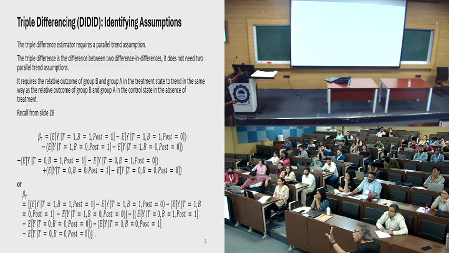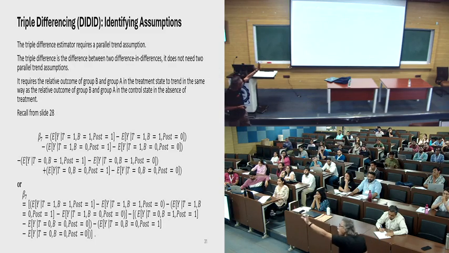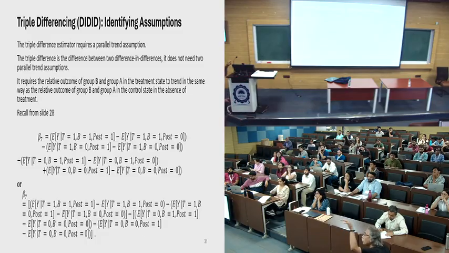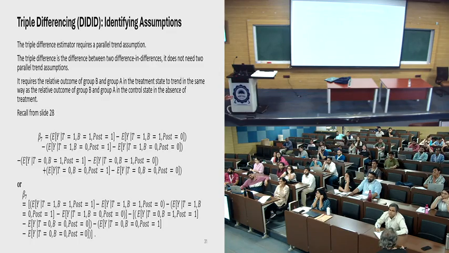So it basically requires the outcome of group B and group A in the treatment state to trend in the same way as in the control state if the program doesn't take place. Right? So you should follow the same trend if the program did not take place, irrespective of whether you are in the treatment state or in the control state, because the program did not take place. Clear?